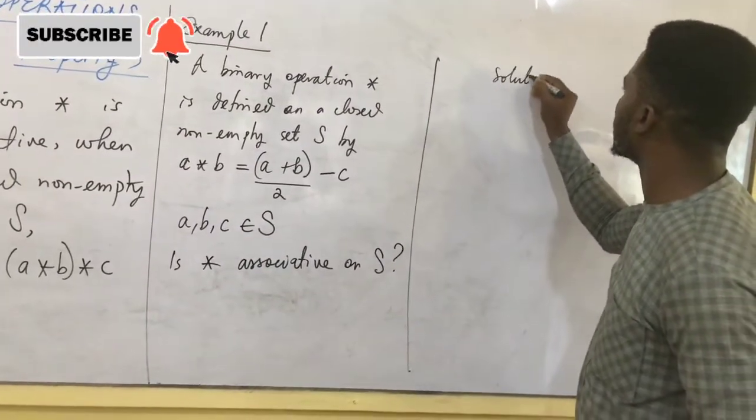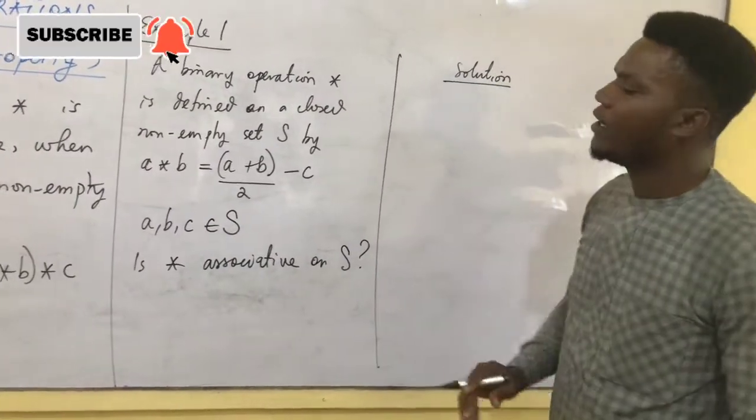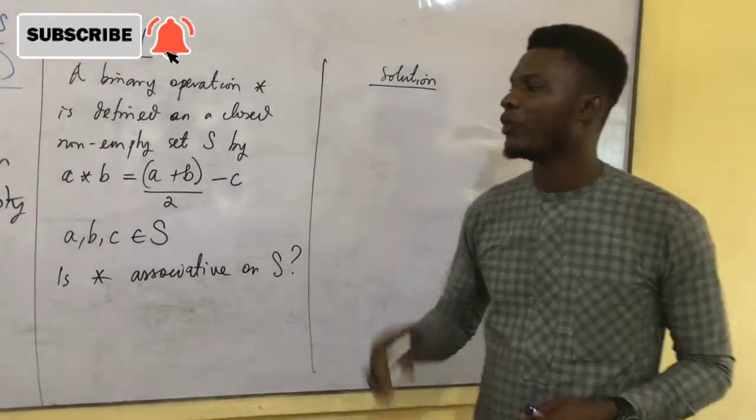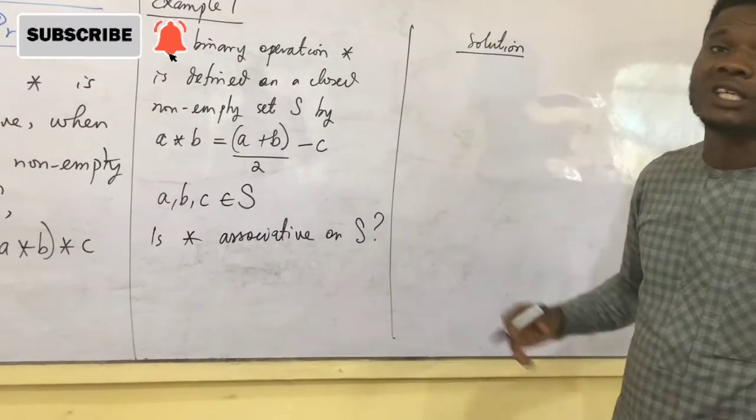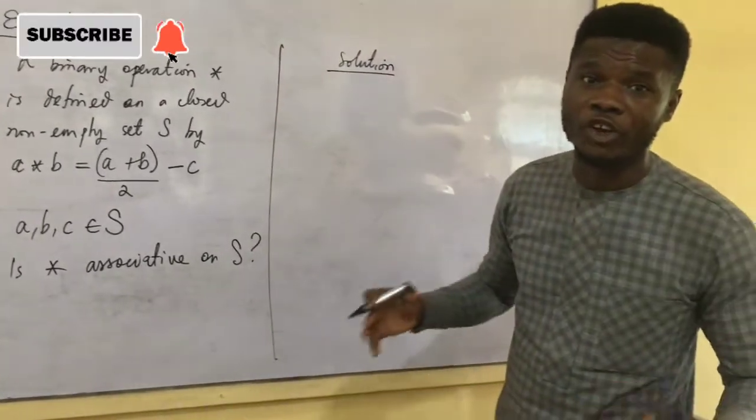So I'm going to come here with a solution to the problem. And for us to start solving this problem, we have to recall the condition that makes the binary operation asterisk in this case, associative on a non-empty set.